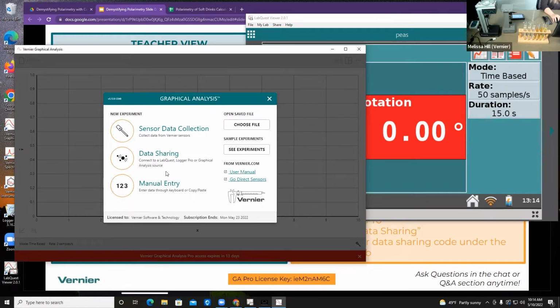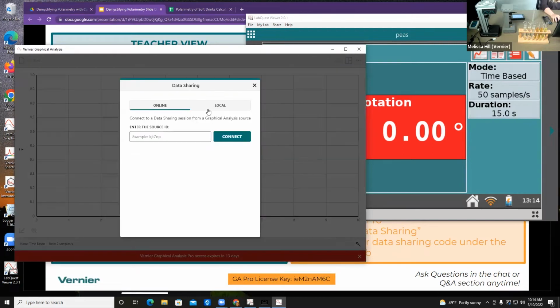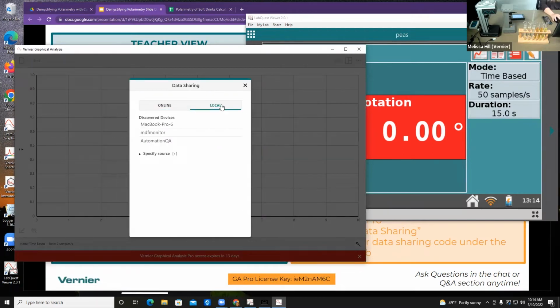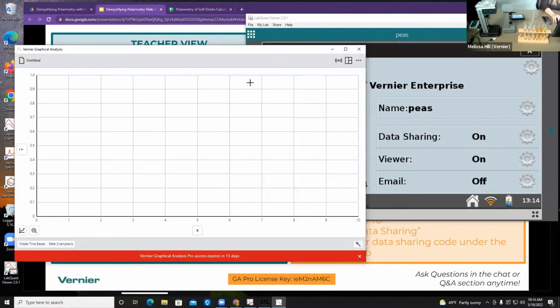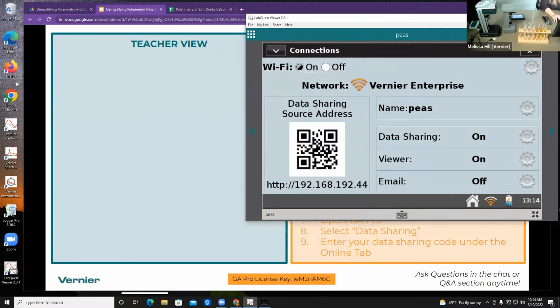So now I want to connect to my LabQuest. So I'm going to click on data sharing, and this is just the teacher. This is just the group that's in the actual classroom with it. Let's do some troubleshooting. It's not seeing it. Let me restart my Graphical Analysis.